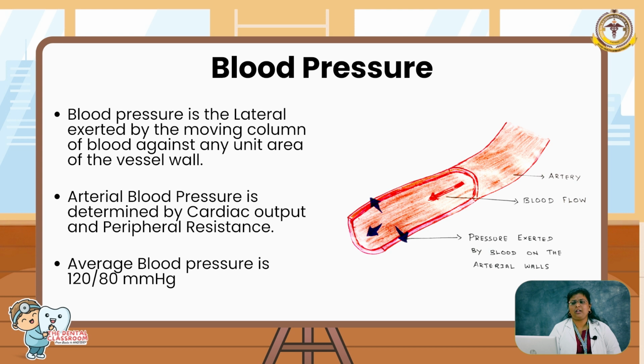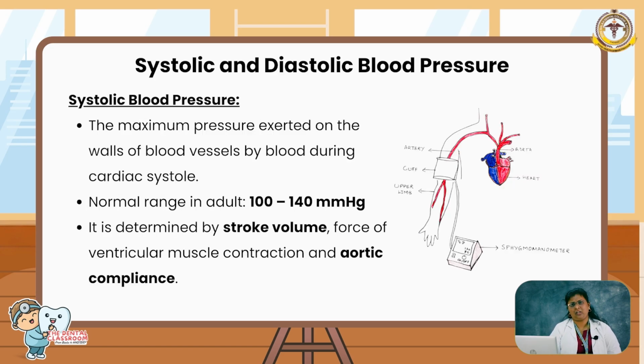So what is the normal blood pressure? 120 millimeter of mercury in systolic and in diastolic 80 millimeter of mercury. So what do systolic and diastolic mean? Systolic blood pressure means the maximum pressure exerted on the walls of the blood vessels by the blood during the cardiac systole. That means during the ventricular contraction.